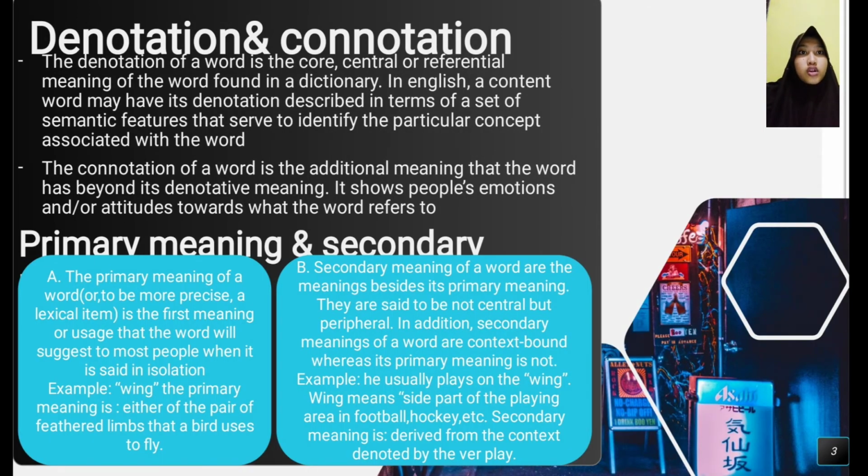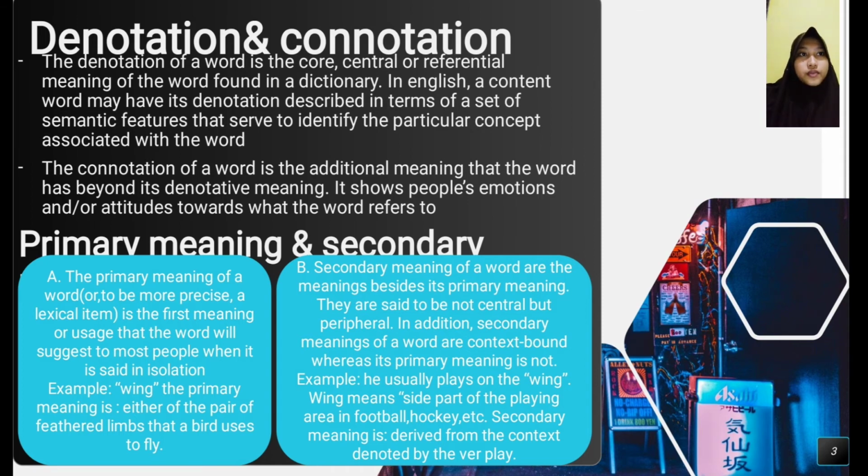Next is the definition of denotative and connotative. The denotative of a word is the core, central or referential meaning of the word found in a dictionary. In English, a content word may have its denotation described in terms of a set of semantic features that serve to identify the particular concept associated with the word.